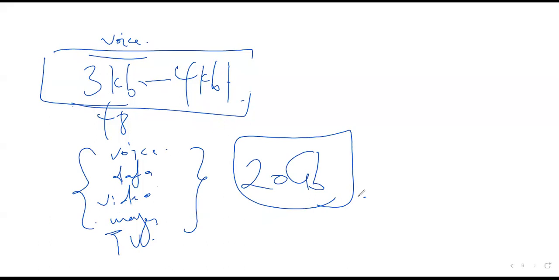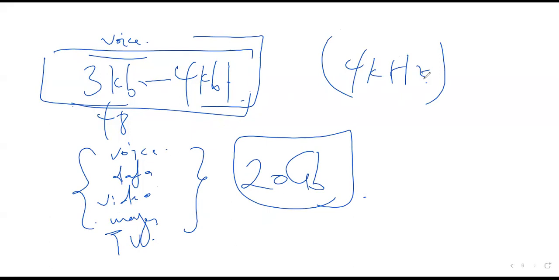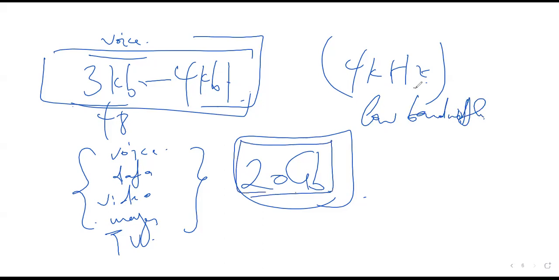But how can you transmit 20 gigabytes using a channel with a bandwidth of 4 kilohertz? How can you do that? It is no longer possible. This is low bandwidth. You cannot transmit this amount of data using a 4 kilohertz channel.